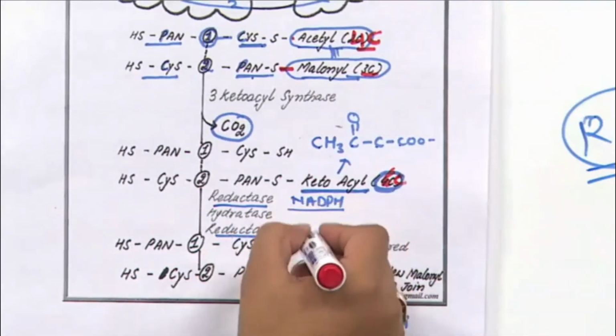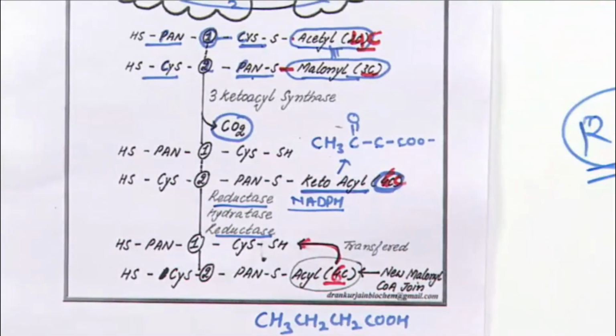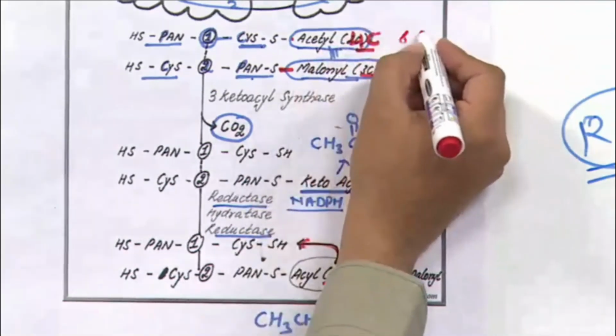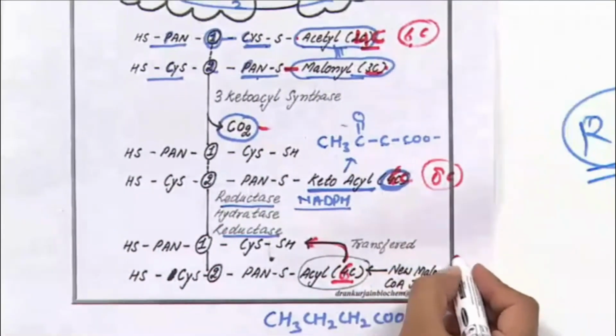Reductase, hydratase, reductase, and a 6 carbon fatty acid will be produced. If you want to produce 8 carbon, the 6 carbon fatty acid will join at this point, 6 plus 3 is 9, condensation reaction, CO2 removed, 8 carbon fatty acid.